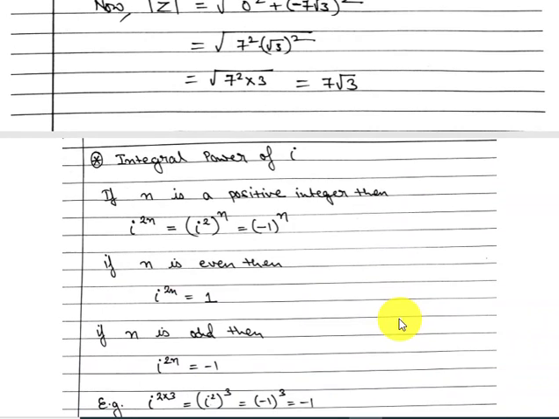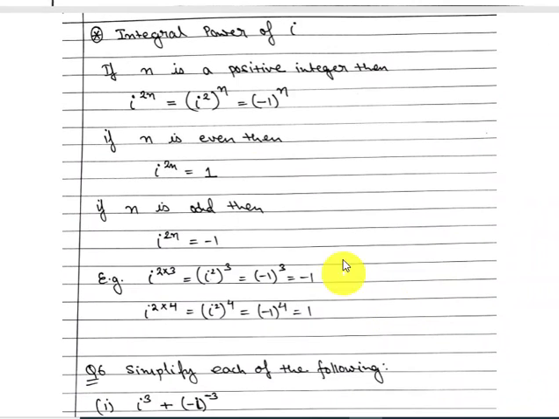Now this is of some importance: integral powers of I. Let's see this. Suppose I have taken a positive integer, like 0, 1, 2, 3, 4, 5. Let's say n is a positive integer.